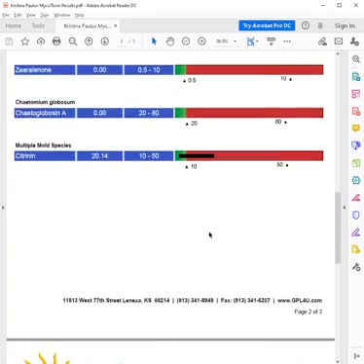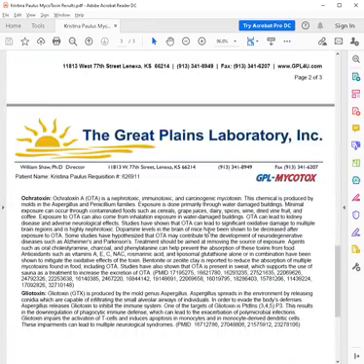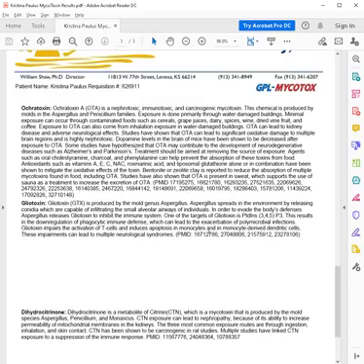Page 3 of this test actually goes into what they found for you. So ochratoxin A was what they found for me. You can see that then they tell you some things about this and what you can do for it. So ochratoxin A is a nephrotoxin, which means it's toxic to your kidneys, and an immunotoxin, so it's toxic to your immune system, and it's carcinogenic, so it can create cancer in your system.